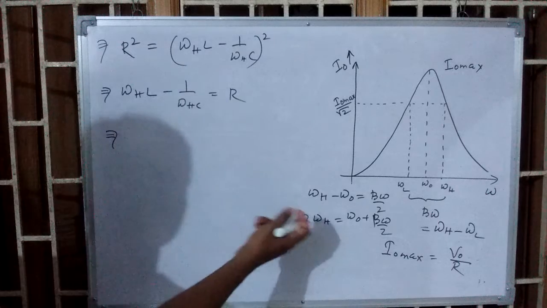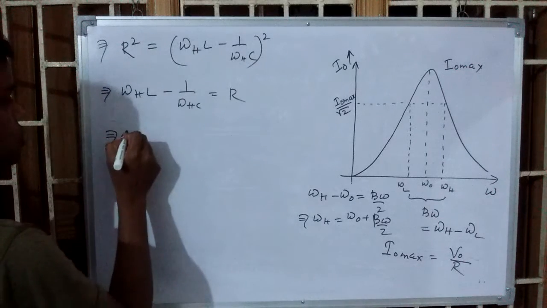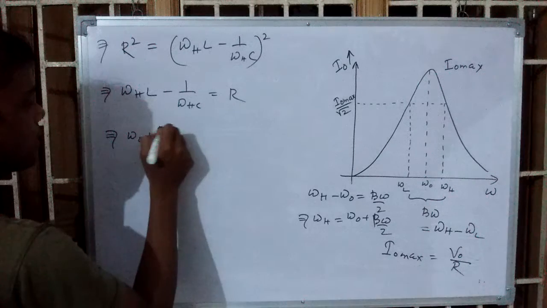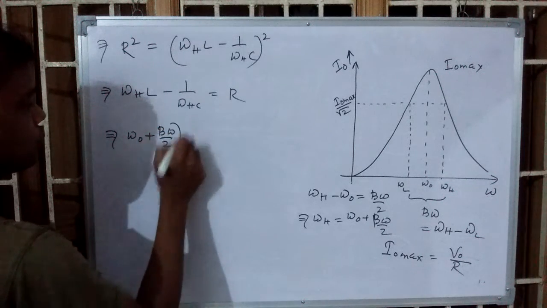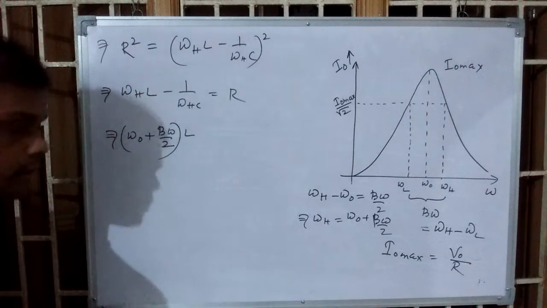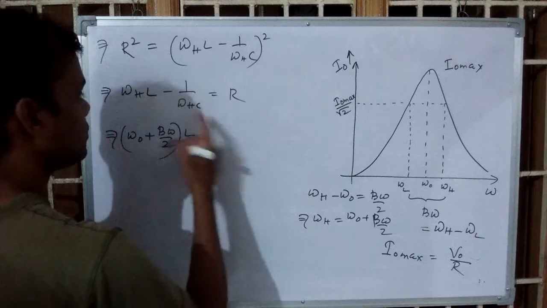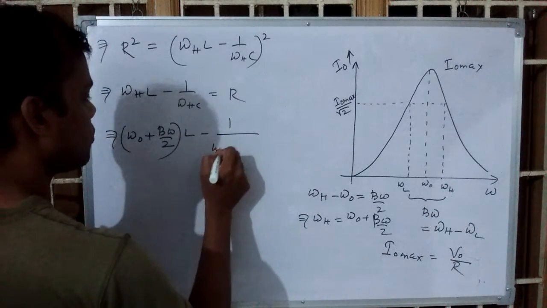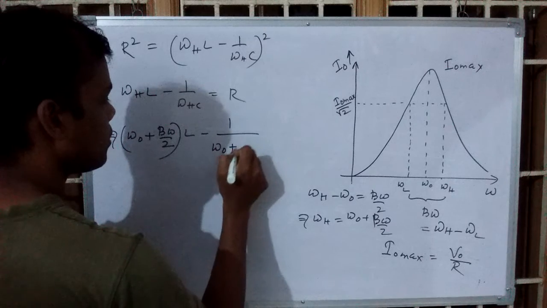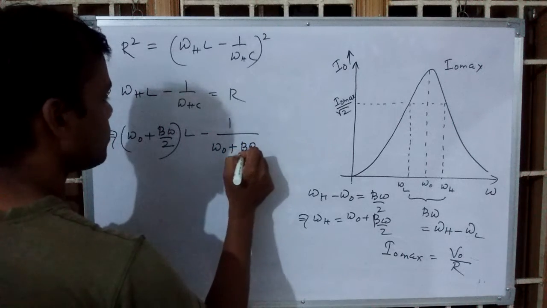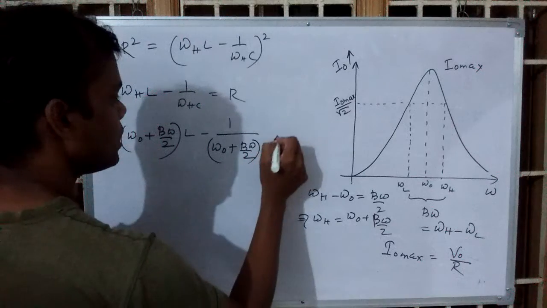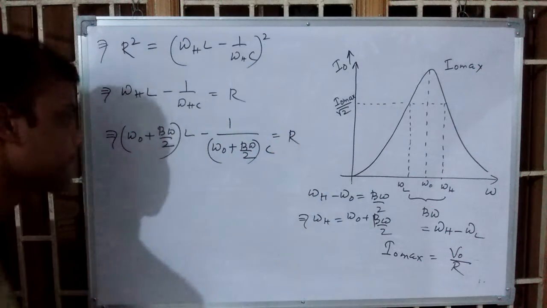I will replace this value here. So omega h is nothing but omega naught plus bandwidth by 2, whole into L, minus again 1 by omega naught plus bandwidth by 2, whole into C. This is equal to R.